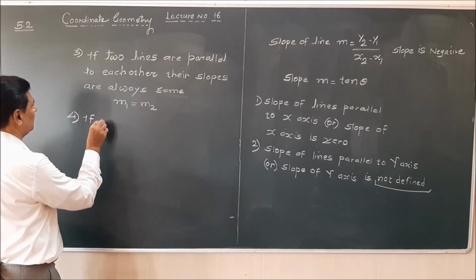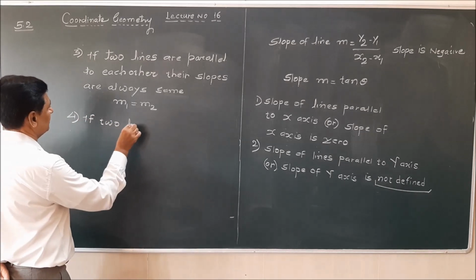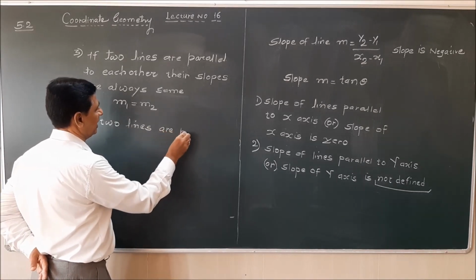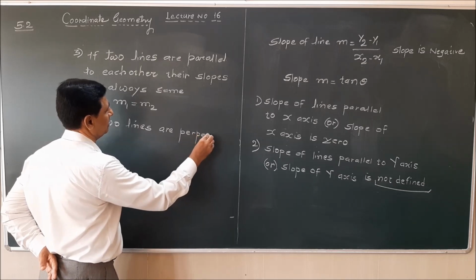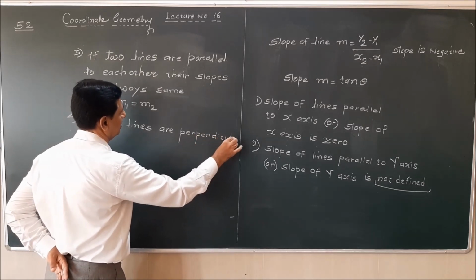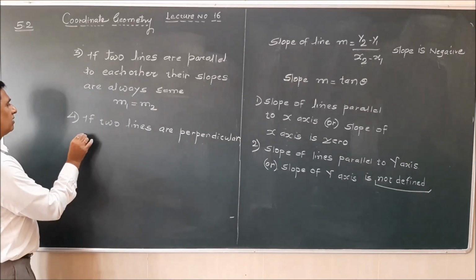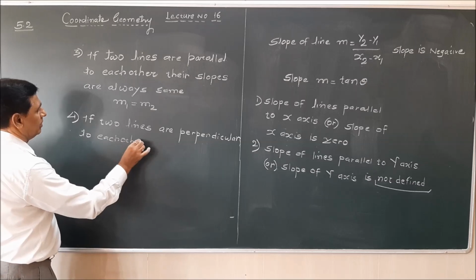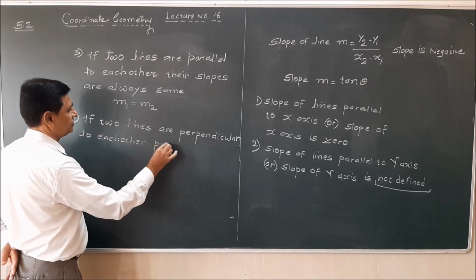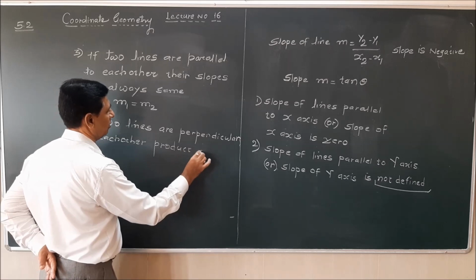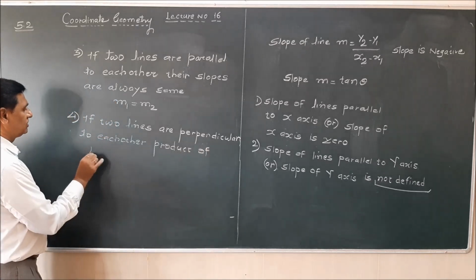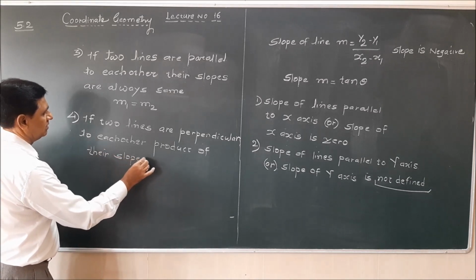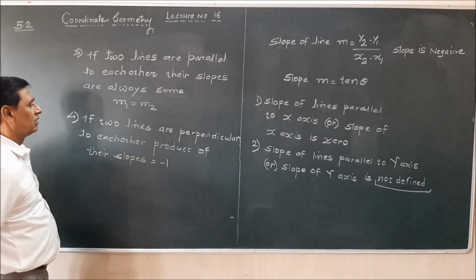If 2 lines are perpendicular to each other, the product of their slopes is equal to -1.